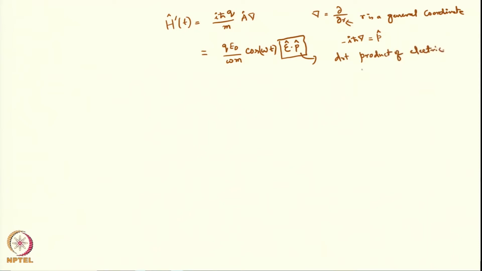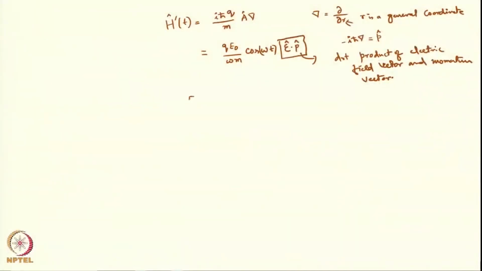That means for this H prime t to be non-zero, the electric field and momentum should be in the same direction or should have projection onto each other.